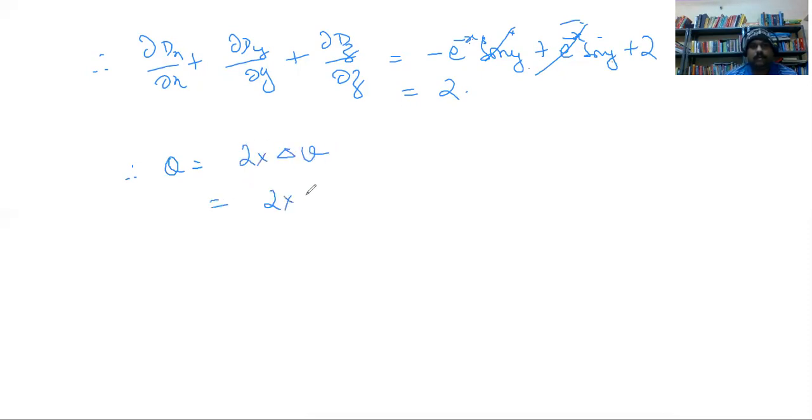So 2 into 10 raised to minus 9 coulombs, that is 2 nanocoulombs. The total charge. Okay. So we'll stop here.